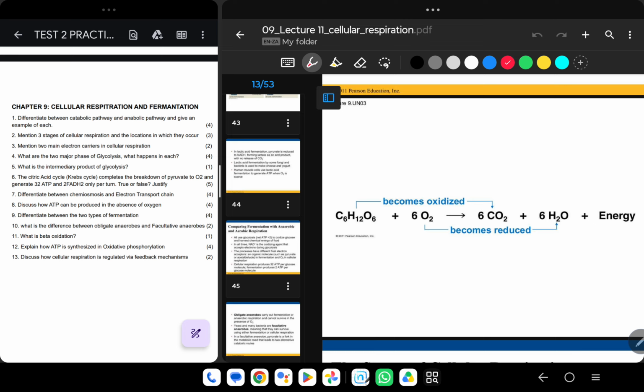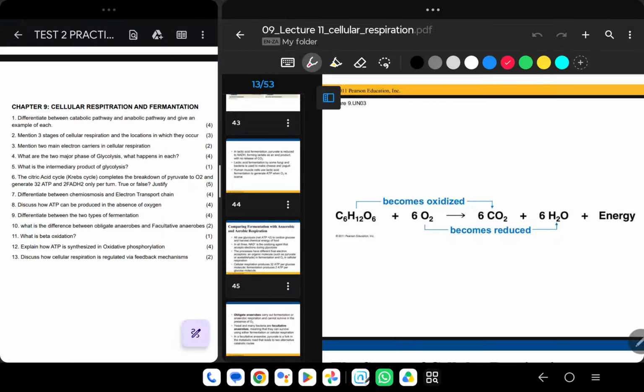Cellular respiration is all about the metabolic pathways that include glycolysis, the citric acid cycle, and also the electron transport chain. So it is mainly focused on the production of energy in the form of ATP.